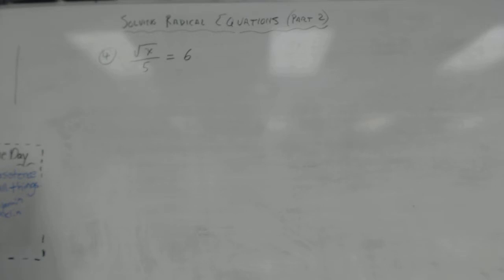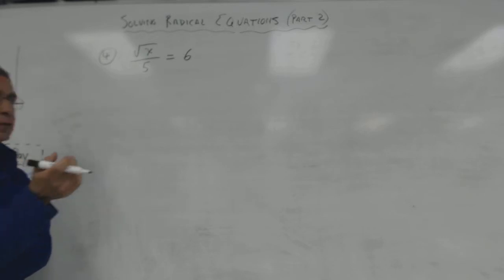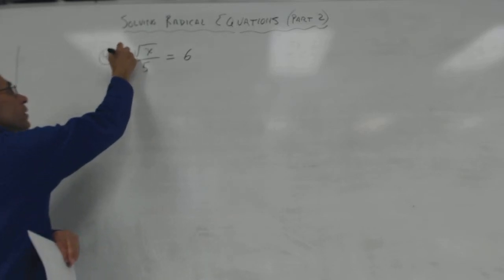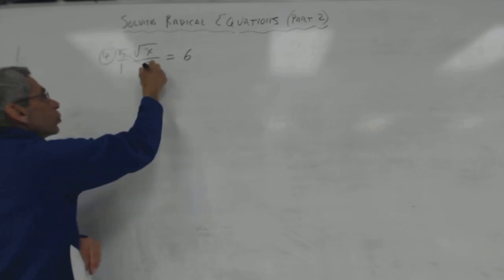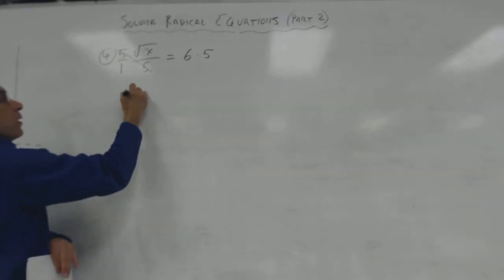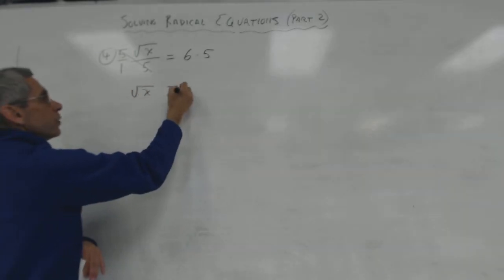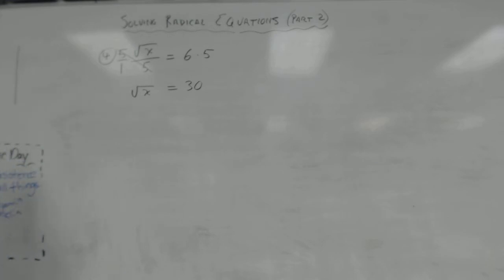Because you're dividing by 5, right? You don't like the fraction, so get rid of it. We're going to multiply by 5 over 1. That crosses out, so I multiply 6 times 5. Now I have the square root of x is equal to what? 30. Now what would I do?